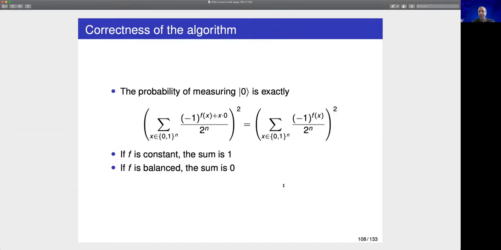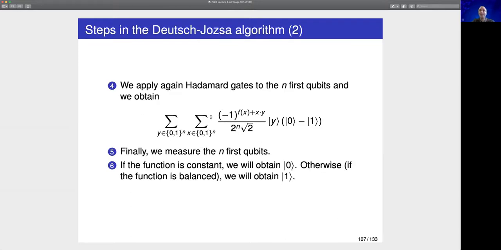Well, we can easily see this by computing the probability of obtaining 0 when we have this state here. What is the probability of obtaining 0 if we measure? It has to be the amplitude squared of the coefficient that goes with the string 0.